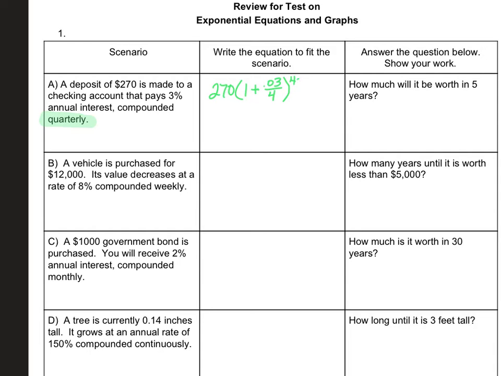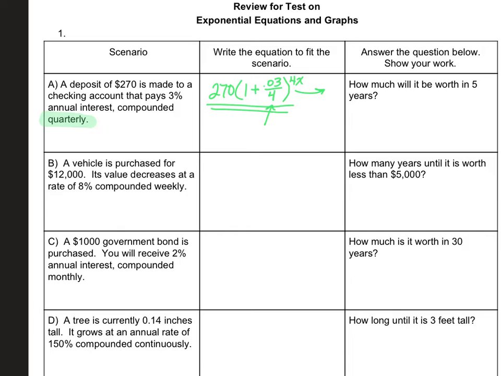So when we're writing an equation for this, and x being time, whichever way you want to put it, write an equation that fits this scenario. Remember, the n values are going to always pop up in the denominator and then in the exponent with the variable. And then it says, how much will this be worth after 5 years?